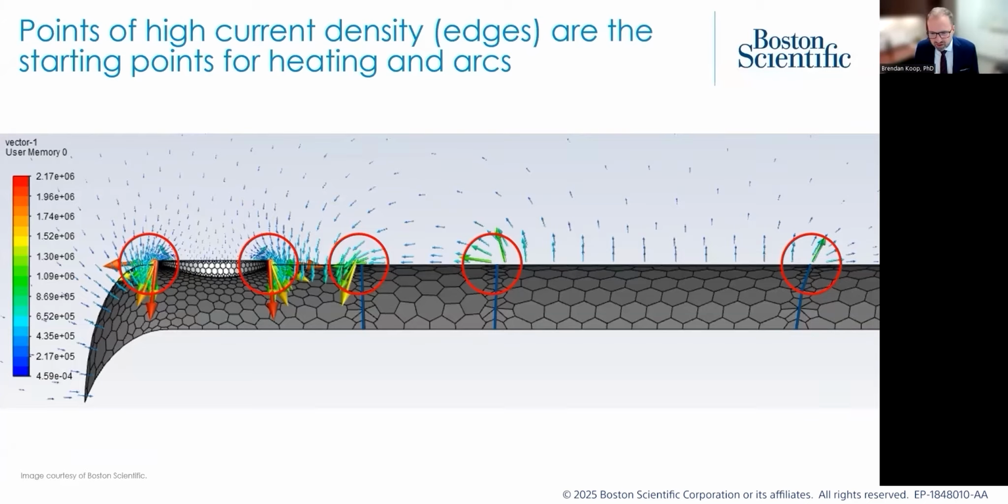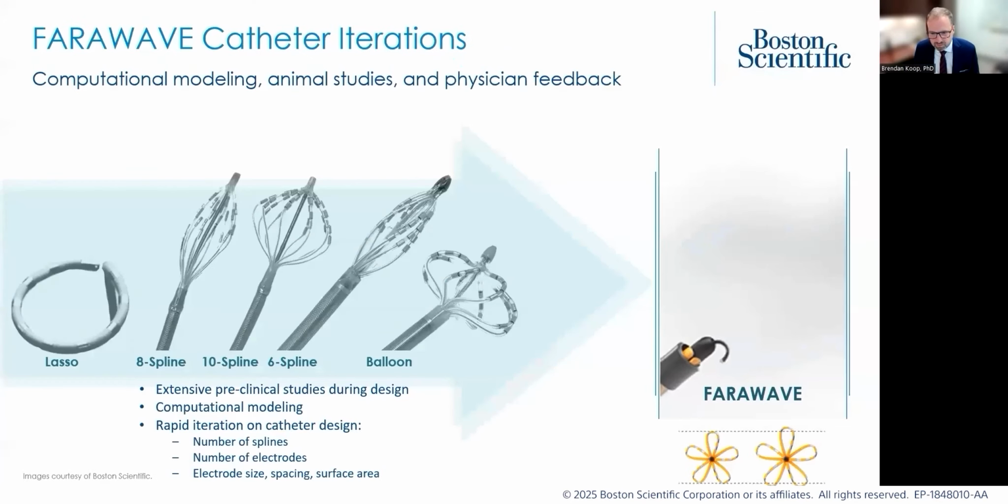And most of the bad things, or the things we're trying to avoid, start at these edges. So heating, arcing, red blood cell aggregation, things like that we're trying to avoid. And again, with purposeful design, we can minimize some of these effects by playing with the spacing of the electrodes and the surface area, and building that into the design from the beginning.